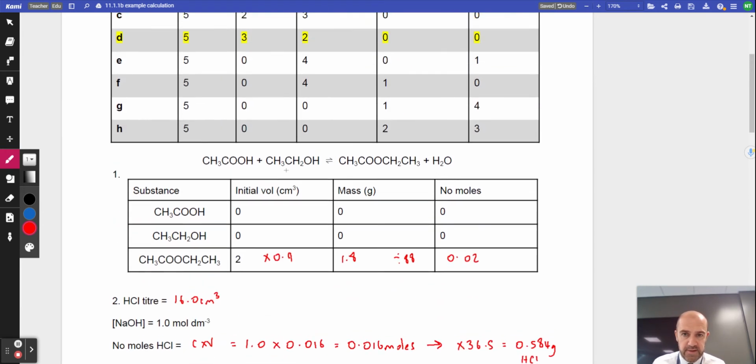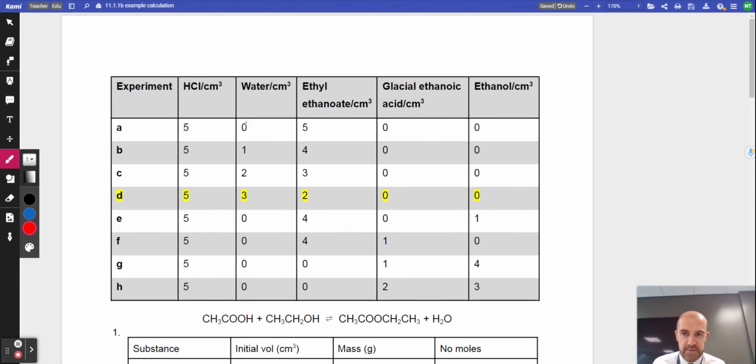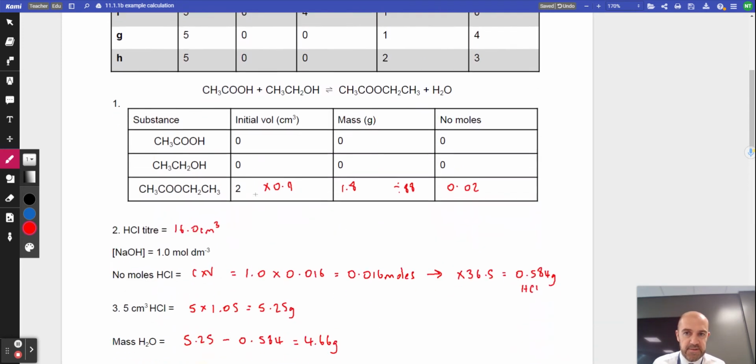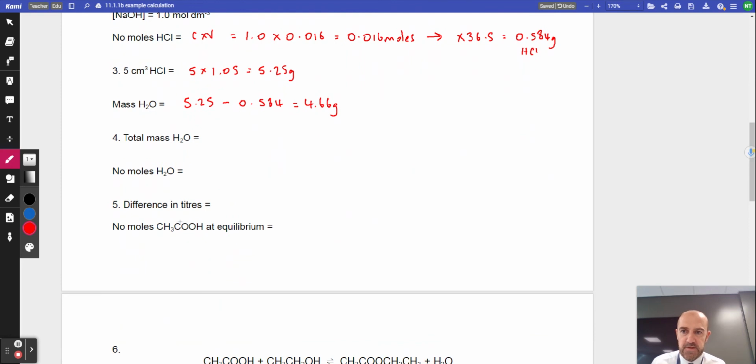If I just scroll back up, in this experiment, we put 3 centimeters cubed of water in. So the total mass of water is going to be 3 grams from the 3 centimeters cubed that we added, plus 4.66 grams, which gives us a total mass of water of 7.66 grams.